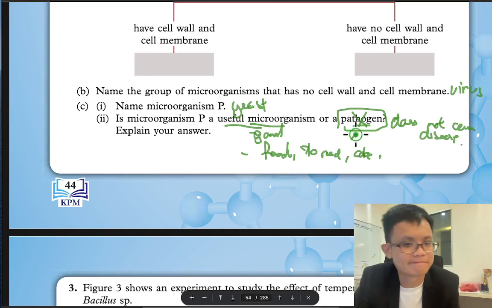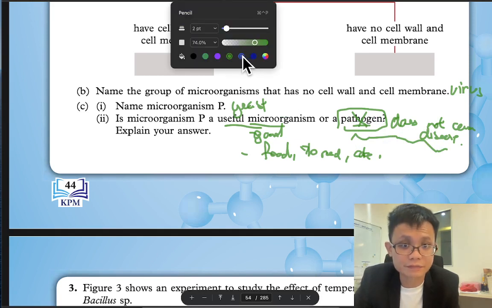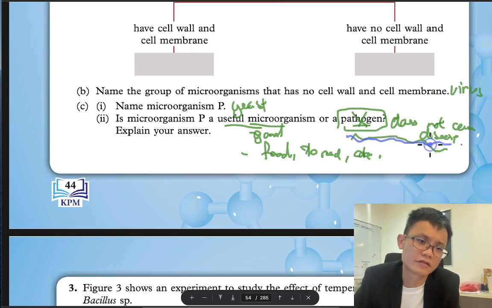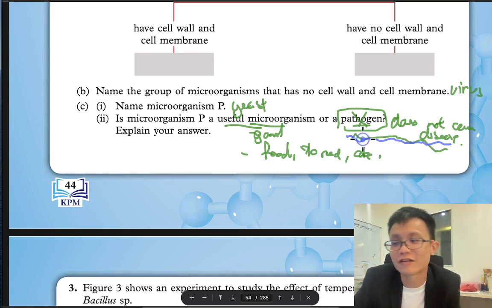This is a bit not so accurate, because if you Google it, you can find that yeast also can cause harm. So that is not a good answer. That is why sometimes I feel the book can be improved, because when students say it's not good, they will straight away get it wrong since it's not in the marking scheme.